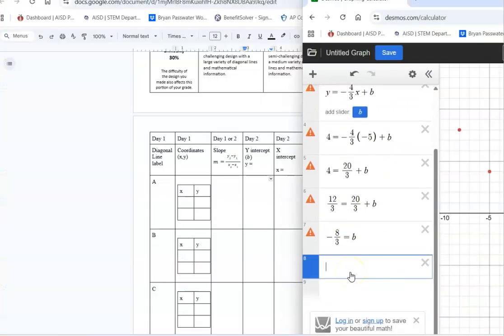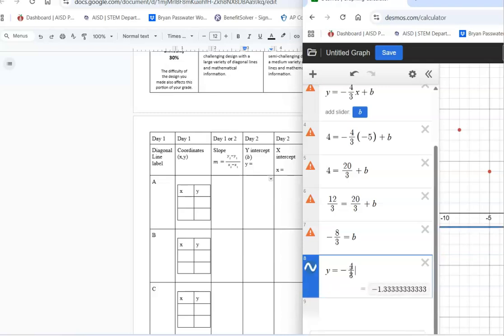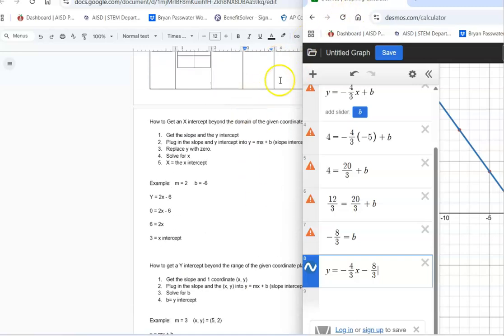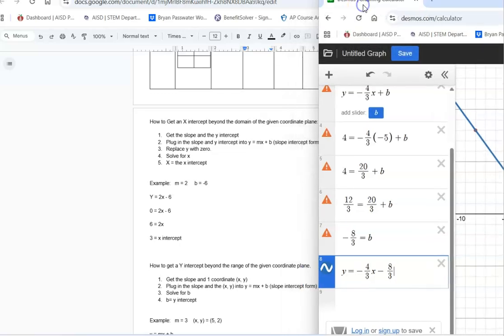Now that I have the slope and y-intercept, the equation for that line I found off the internet is y = -4/3 x - 8/3. If I want to get the x-intercept, the directions above say I have to find the slope and y-intercept, which I did.